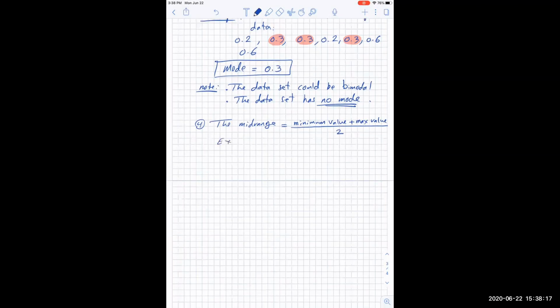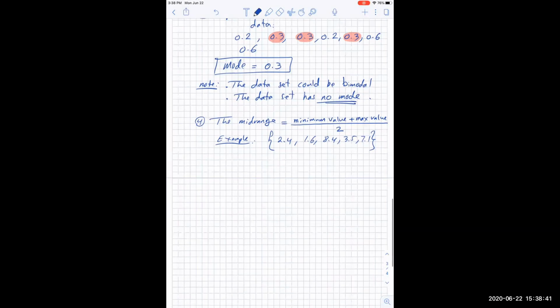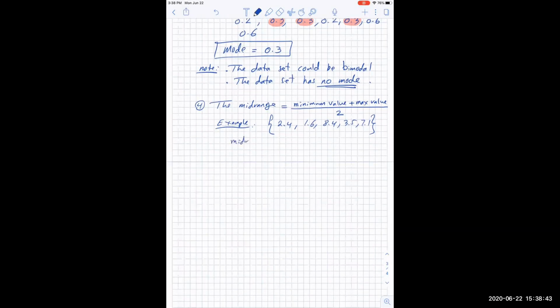So example, here's a sample data: 2.4, 1.6, 8.4, 3.5, and 7.1. The mid-range is, let's see, what is the lowest value we have here?